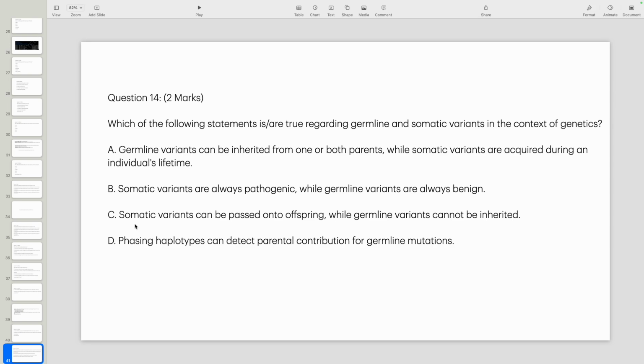B: Somatic variants are always pathogenic, while germline variants are always benign. C: Somatic variants can be passed on to offspring, while germline variants cannot be inherited. D: Phasing haplotypes can detect parental contribution for germline mutation. We have one option, A and D.